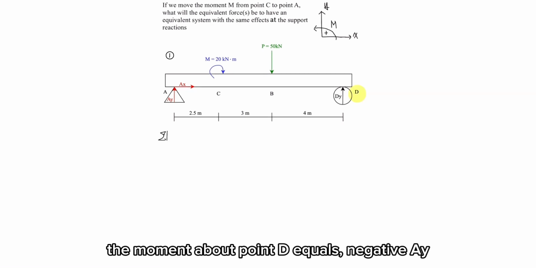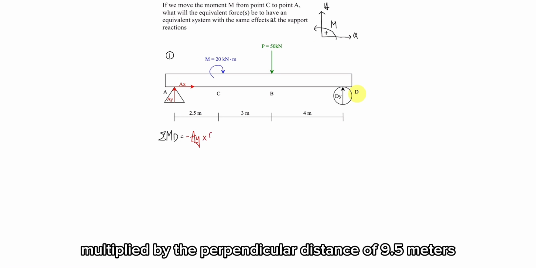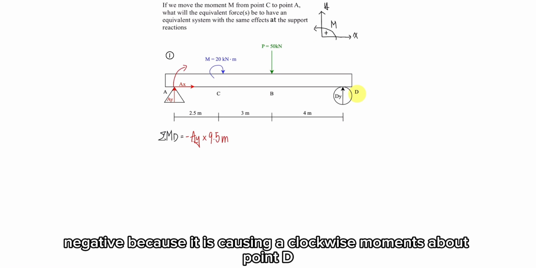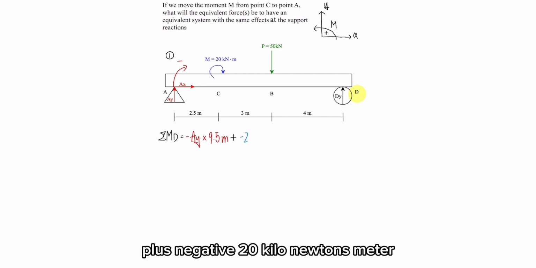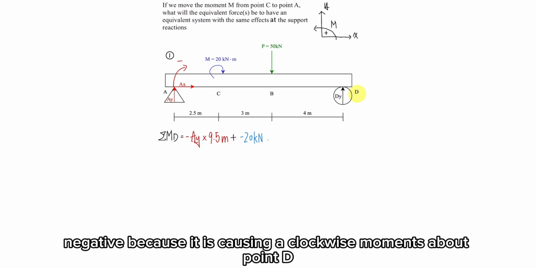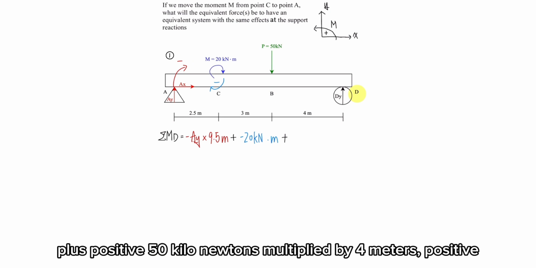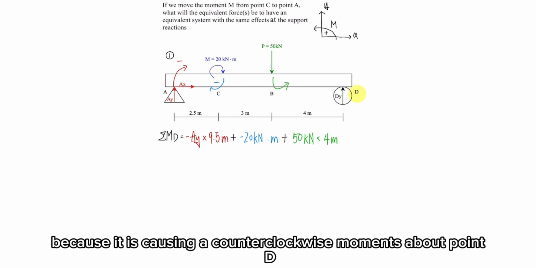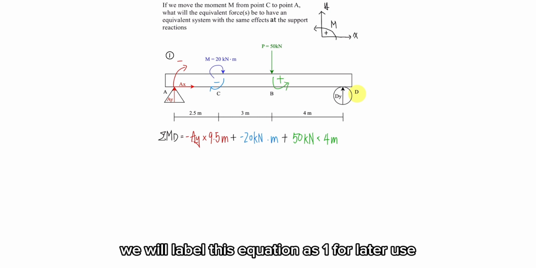The moments about point D equal negative AY multiplied by the perpendicular distance of 9.5 meters, negative because it is causing a clockwise moment about point D, plus negative 20 kilonewton meters, negative because it is causing a clockwise moment about point D, plus positive 50 kilonewtons multiplied by 4 meters, positive because it is causing a counterclockwise moment about point D. We will label this equation 1 for later use.